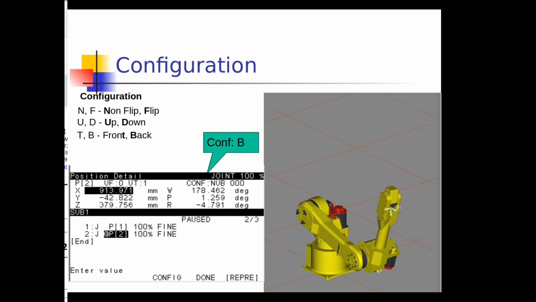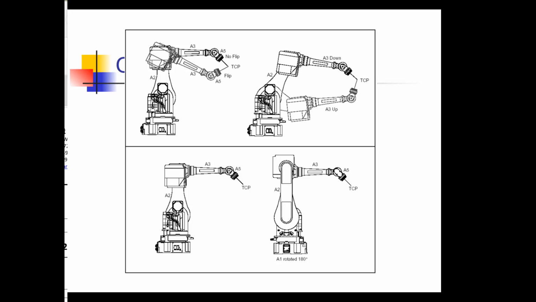But UT is user tool, UF is user frame. All right, so you have to store the frame of reference, and you have to store this configuration so it knows how to get to that point. So when you store points, you also have to store that configuration.